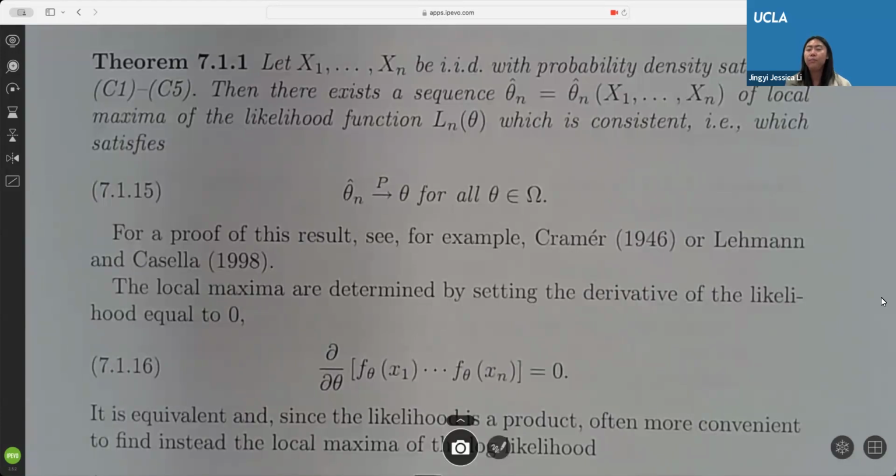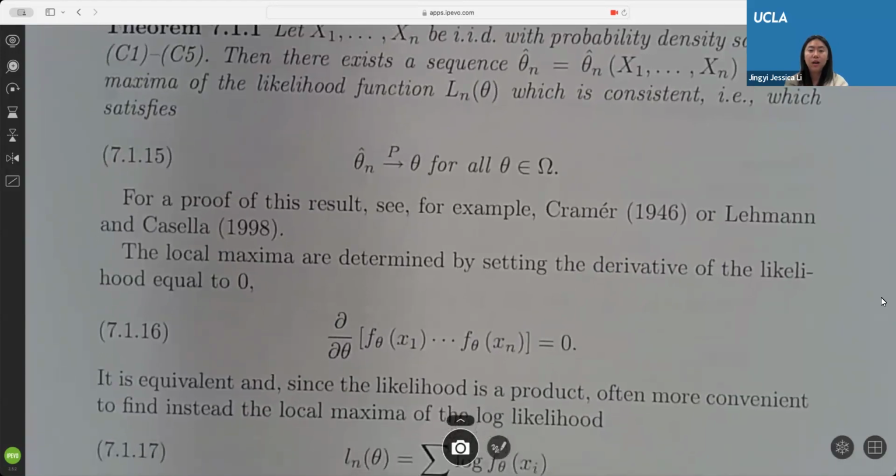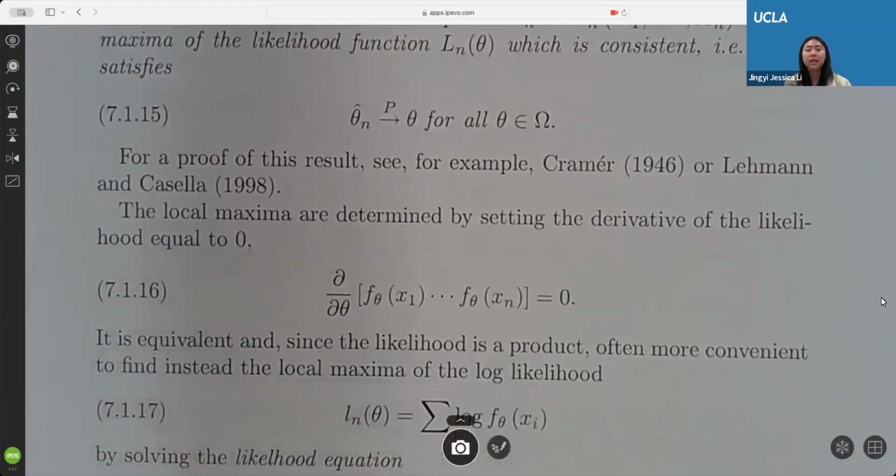The local maxima are determined by setting the derivative of the likelihood equal to 0. Because we're assuming IID, the likelihood is just a product of each data point's density function, f_theta(x1) times up to f_theta(xn).